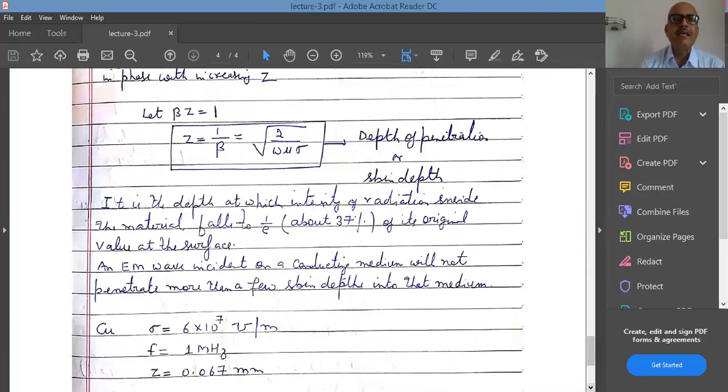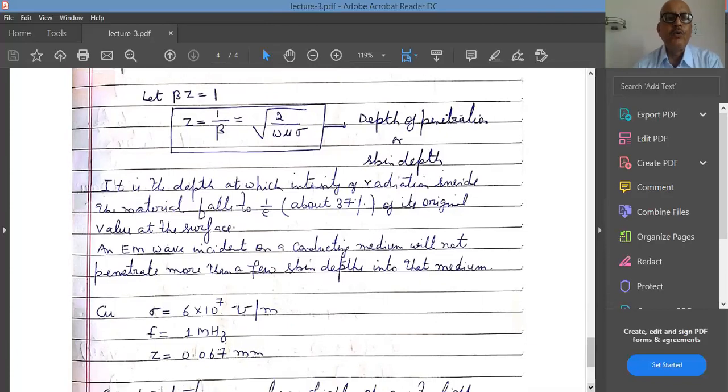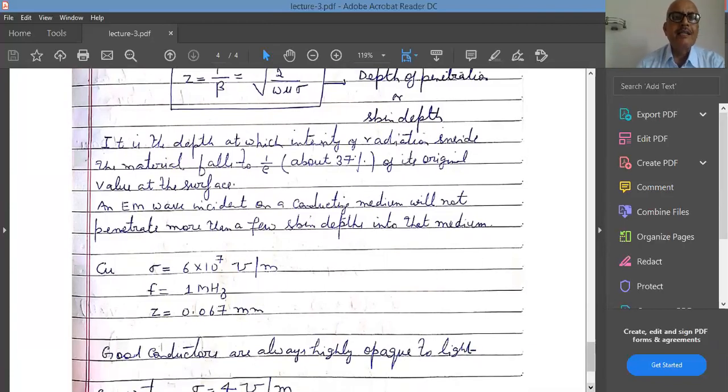That means if I cover a room with a copper foil of a thickness larger than this thickness, then we can avoid the hindrance of electromagnetic waves incident on it from outside. So good conductors are always opaque to light. I have taken the frequency at megahertz. If you consider visible light, the frequency is still higher.